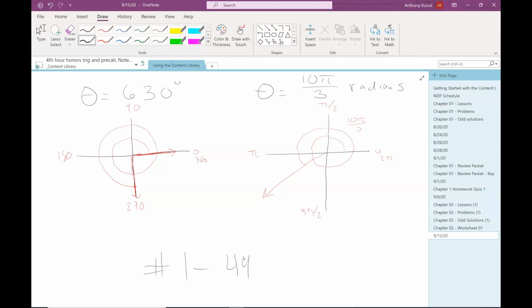In fairness, some of them are literally just plug it into your calculator, or convert from radians to degrees or vice versa, which are like 30 second problems max maybe. So I think it's a lot of numbers, but some of them are quite easy. Anyways.